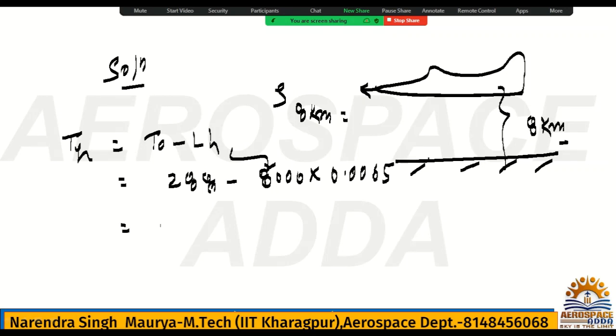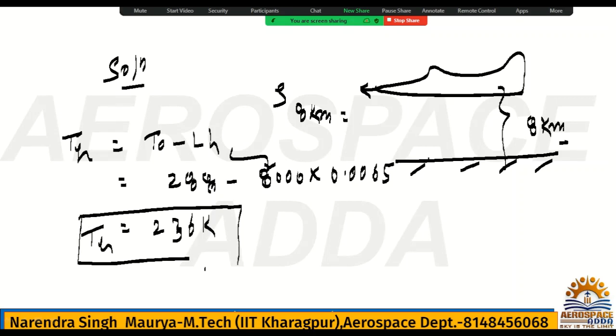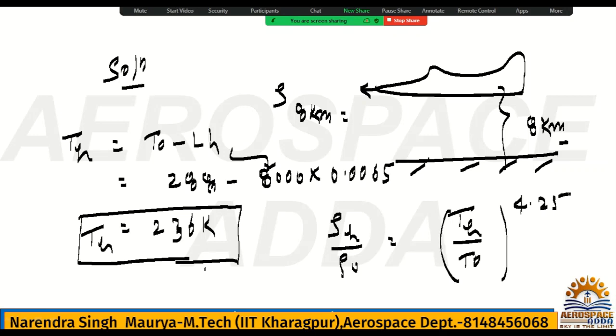Where is my calculator? So this is nothing but 288 minus 0.0065 into 8,000. So I am getting 236 Kelvin. Okay, this is the TH. Fine. 236. Now if I want rho H by rho naught, it is nothing but TH by T naught to the whole power 4.25.